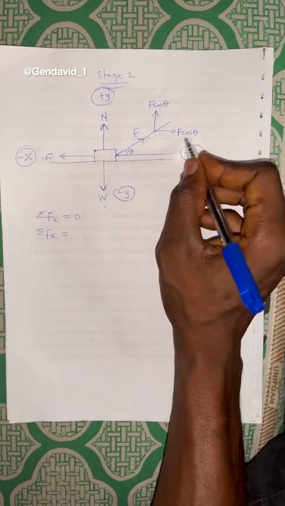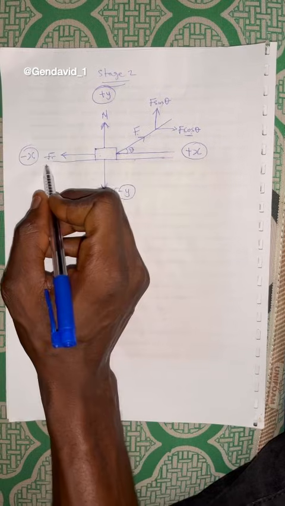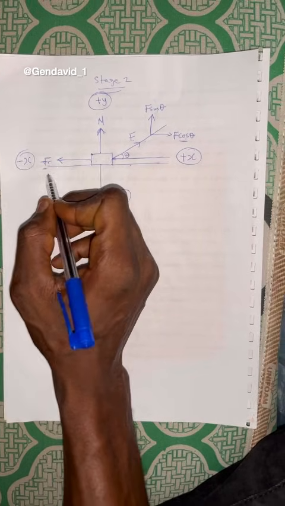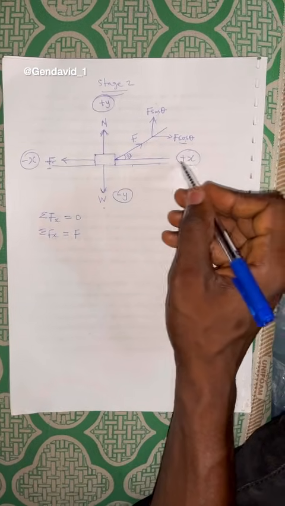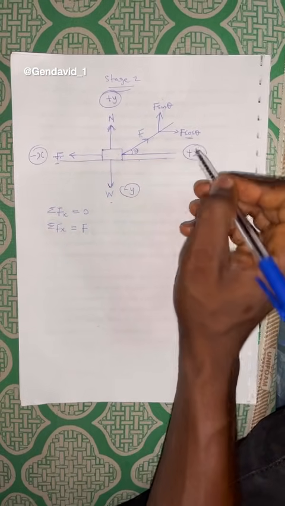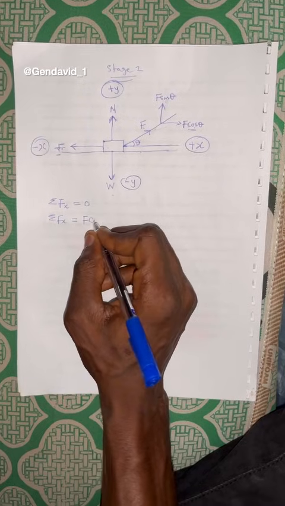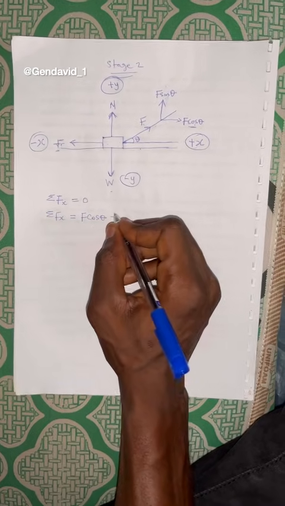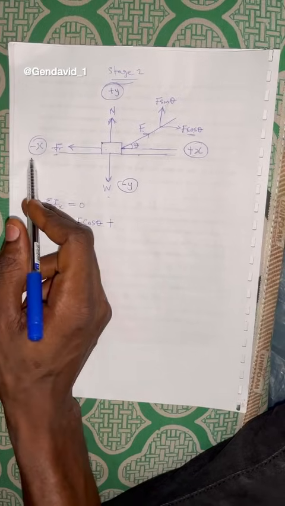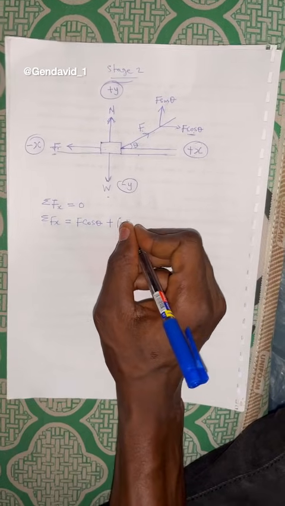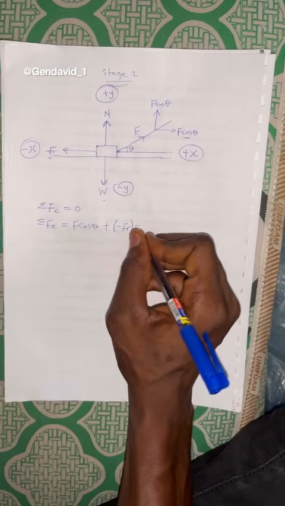We have this one. The Fr here, which is the frictional force, also passes through horizontal. We have F cos theta here, which moves towards the positive x. So I have plus F cos theta, plus the other horizontal here is Fr, going towards the negative, so in brackets minus Fr. Everything is equal to what?